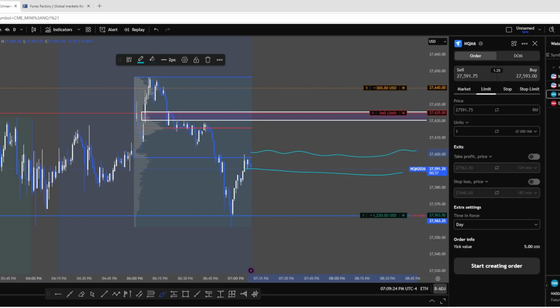And then there's some more down here as well as buy orders. So if we do come down, we're only going to come down to about here and then push up. If we do come down all that way, it would have to be news or something, because that'd be pretty crazy.